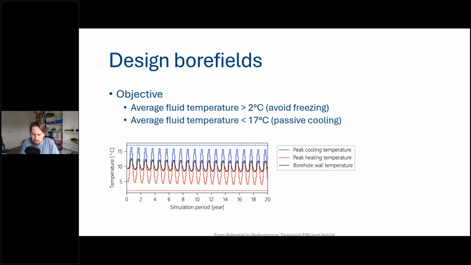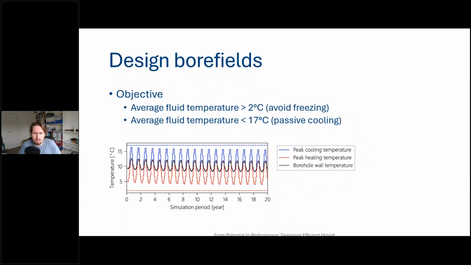And this is because when we freeze the ground, this is not good for the microbiological life in the ground, but also when the ground freezes, ice is an insulator, so the thermal performance of a system is totally gone and it might even fail. So that's why we want to stay away from that 0 line in Belgium.